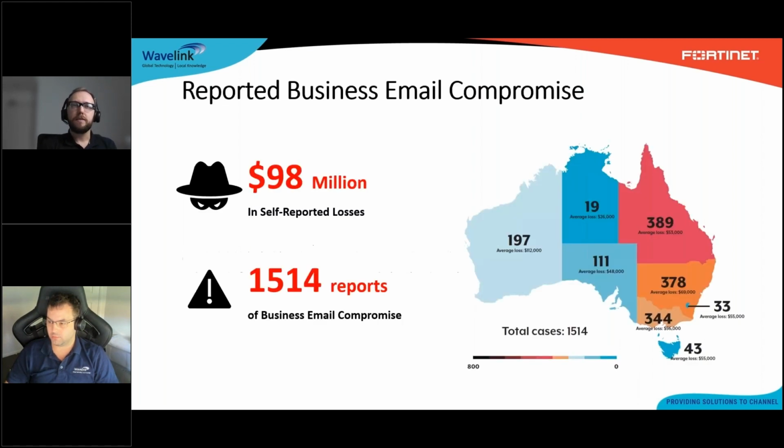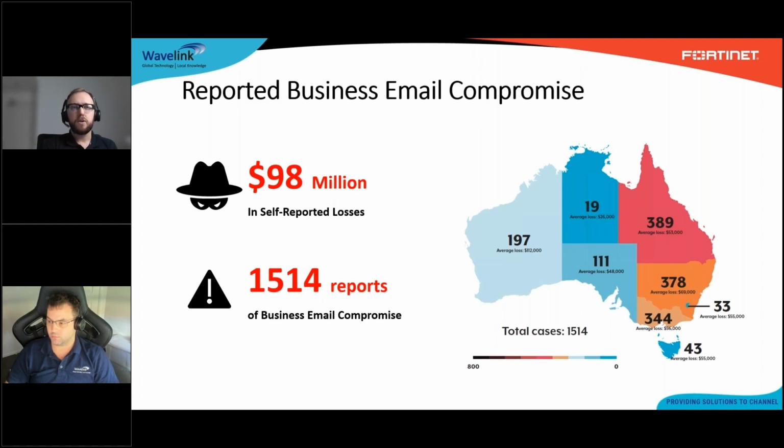So for those who weren't here for our last Info-Byte, where we talked specifically about FortiMail, the Australian Cyber Security Centre annual report for the financial year ending in 2022 shows that self-reported losses had increased, and this was due to business email compromise. It had significantly increased over the previous year, all the way up to $98 million in self-reported losses.